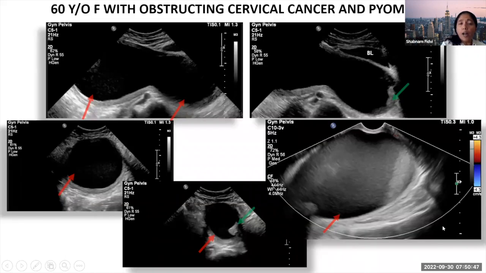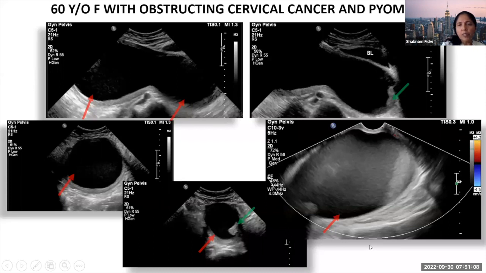So these are ultrasound images, sagittal and transverse, of an older patient with uterine distension. The red arrow shows significant distension of the endometrial canal, and this is due to obstruction at the level of the internal os.